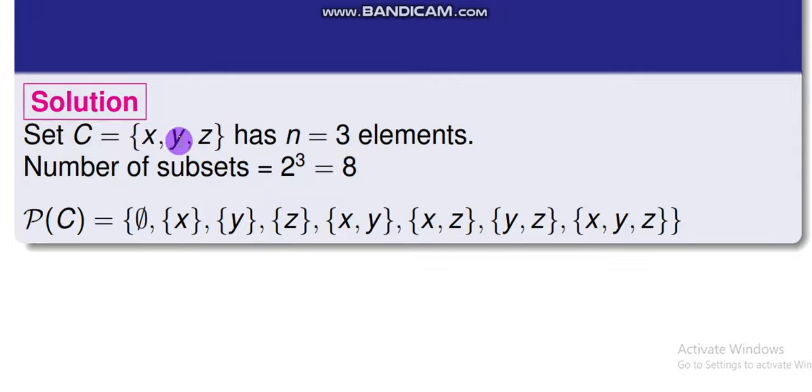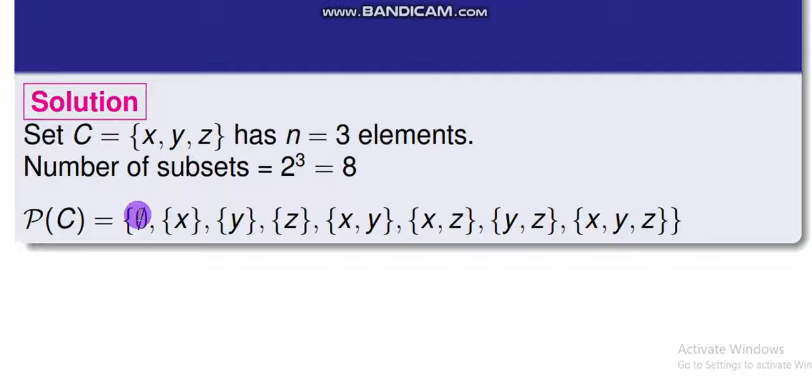Then you combine X and Y, and then you combine X and Z. Then you combine Y and Z, and lastly you combine all of them. So if you count this, you have 1, 2, 3, 4, 5, 6, 7, 8. You have 8 elements, and this is why the number of subsets here is 8.